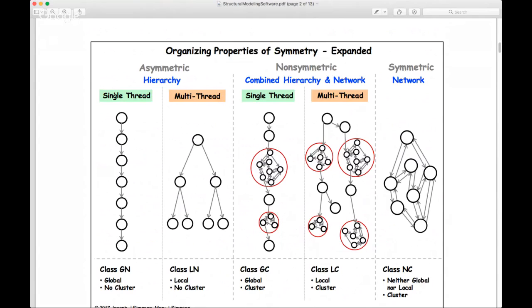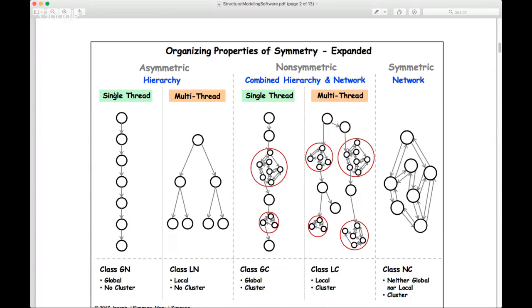So in the multi-threaded one, in the second tier down, we have 2 objects side by side. They're not reachable from each other. So there would be some zeros involved there. Then in the combined hierarchy and network, this is a fairly basic idea of taking a network and condensing it into an element so that the single thread in the non-symmetric piece essentially winds up looking like a single thread in the hierarchy.